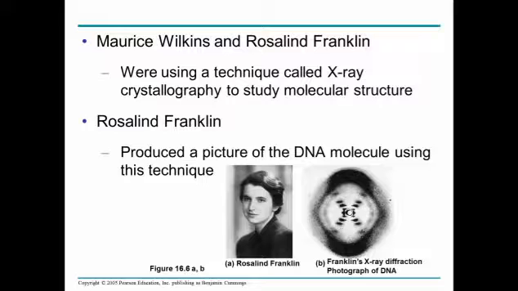So then came Rosalind Franklin, who worked in Maurice Wilkins' lab in the UK, and Rosalind Franklin was actually a physicist, and she was a specialist in X-ray crystallography, where you take a solid crystal and you shine X-rays through it, and you expose a photographic film on the other side based on how the light refracts or bends, and based on that you can make interpretations. Don't ask me how.